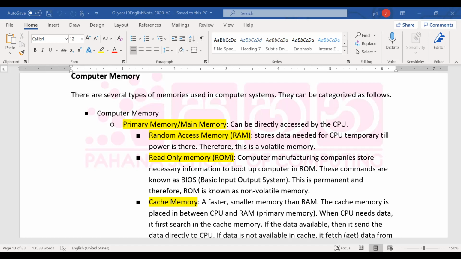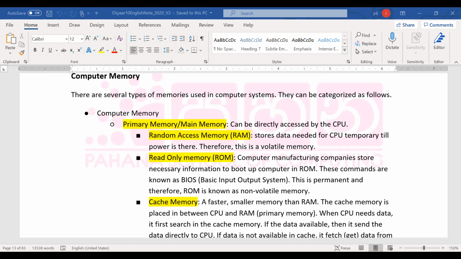When you switch on the power, there'll be the BIOS, which we call basic input and output system, which will check the contents within the system, whether they are working, and if so, then it will direct it to the Windows operating system. So usually ROM is there, right?